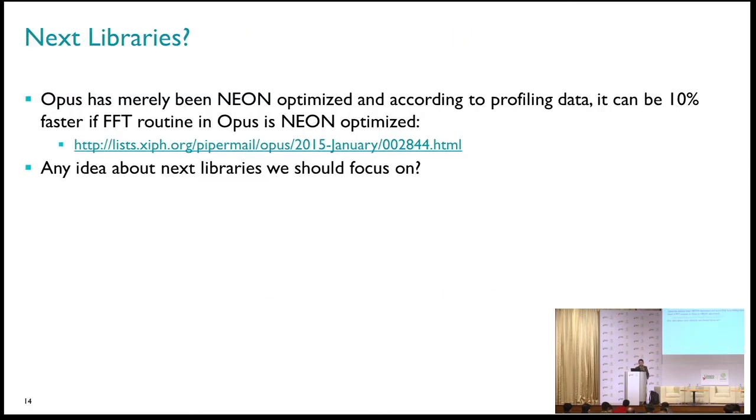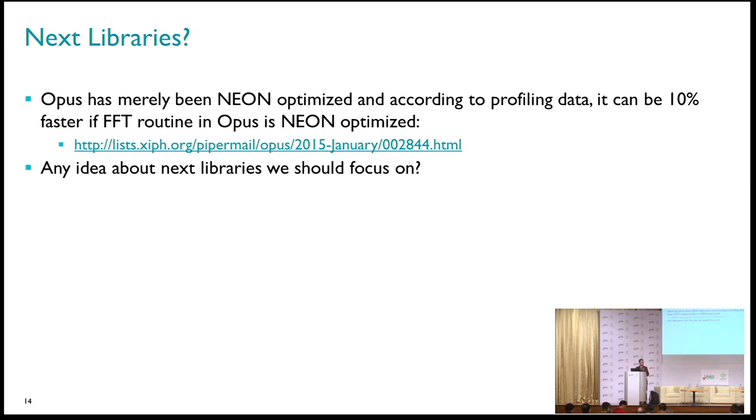Okay. Now we come to an open discussion. We want to talk about libraries that work with Neon optimization. Recently, Opus has been neonized, and according to the performance profiling data, it can be at least 10% faster if only the FFT routine is Neon optimized.